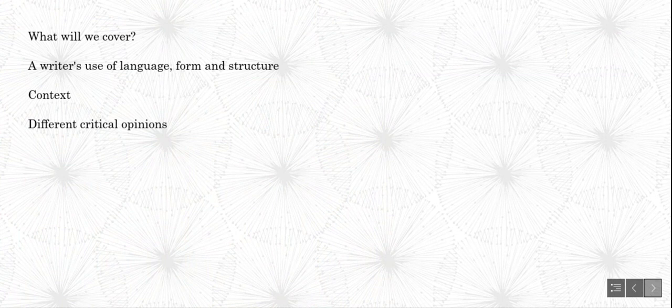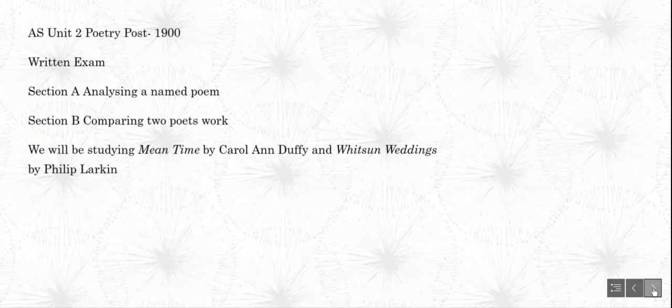And we also look at different critical opinions, and that is where the joy, I think, for me as a teacher comes from, because different critical opinions can be the different opinions in the room. And it's really lovely to hear students able to explore literature and share that with us. I learn just as much from them as they do from me sometimes.